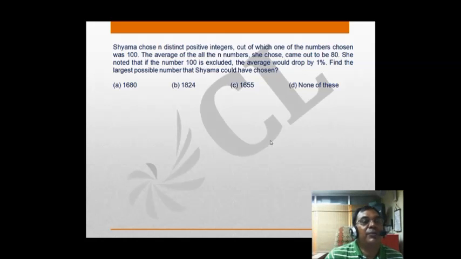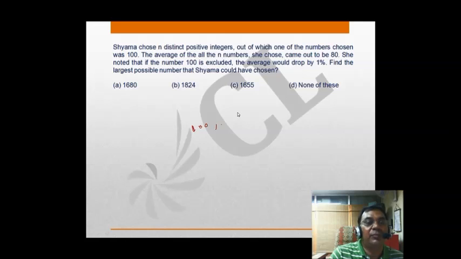Now, average is something which I can always do. Shyama chose n distinct positive integers, out of which one of the numbers chosen was 100. The average of all the n numbers she chose came out to be 180.